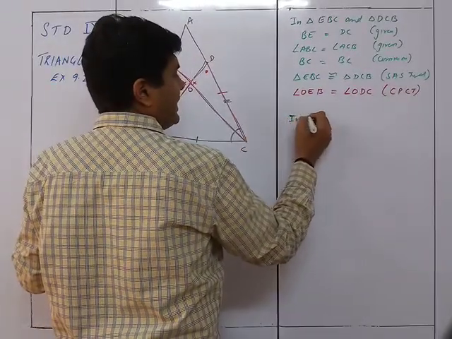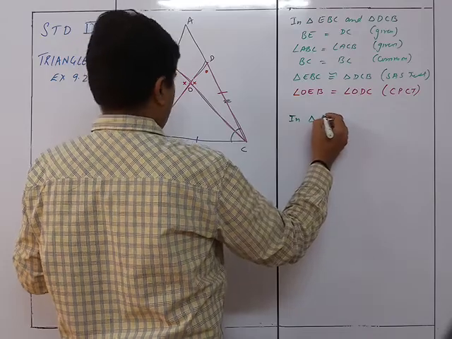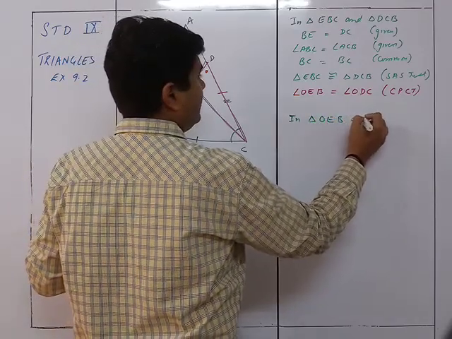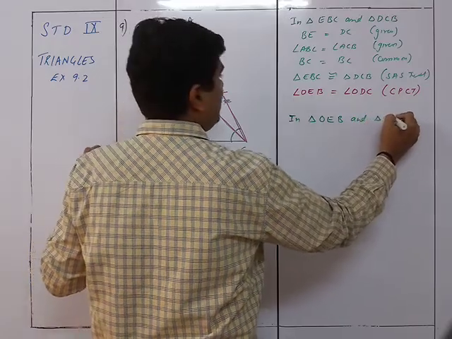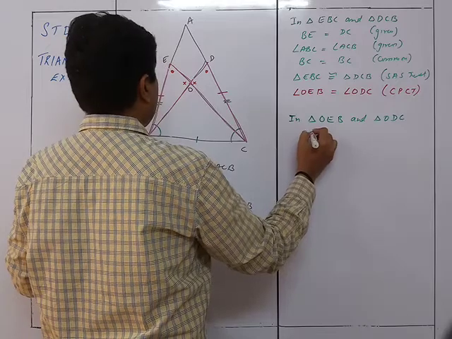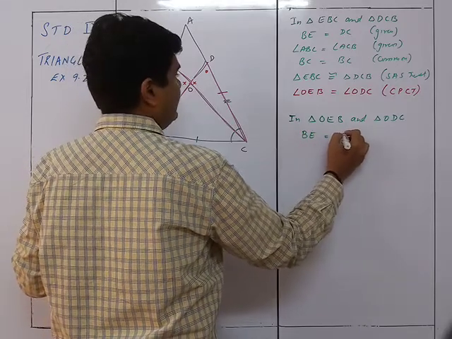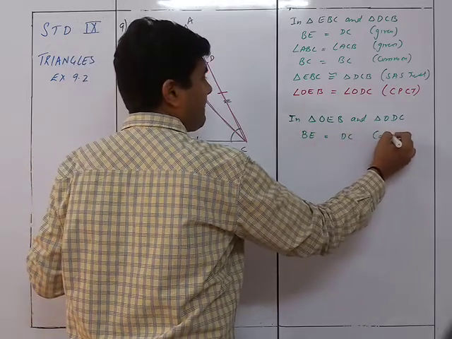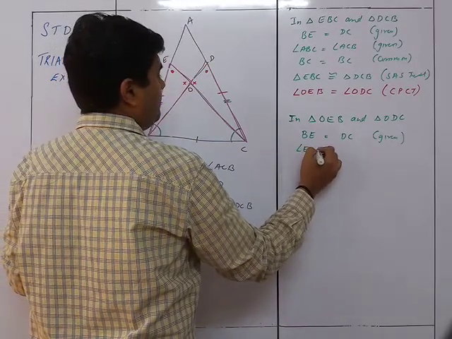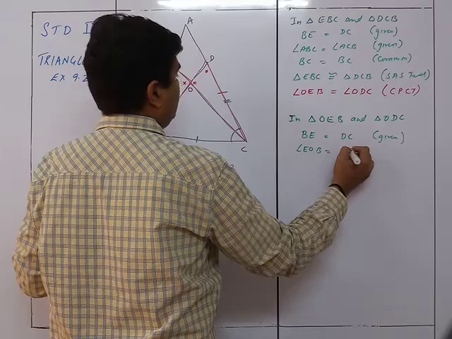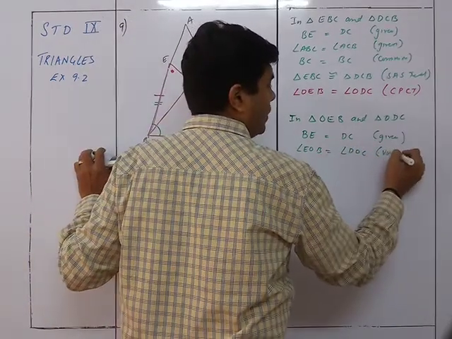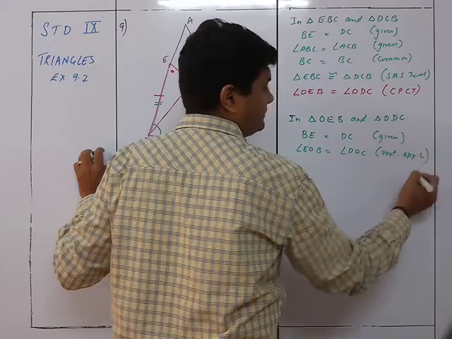In triangle OEB and triangle ODC, we are firstly given BE is equal to DC, given. Angle EOB is equal to angle DOC, vertically opposite angles.